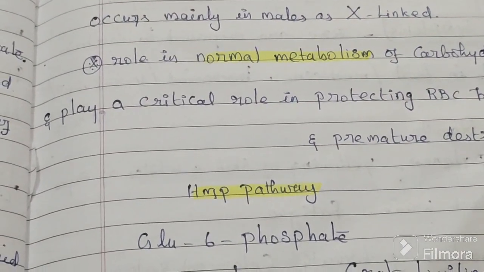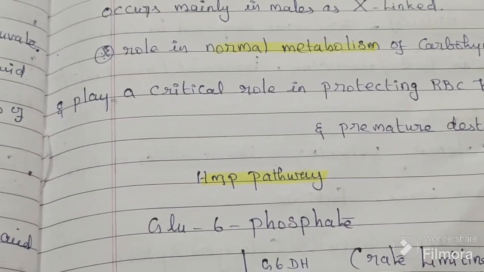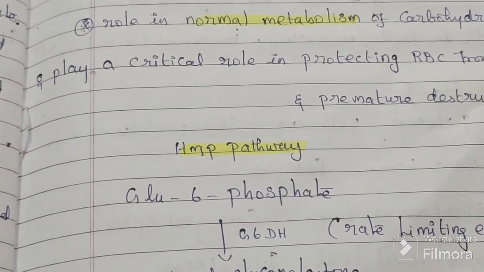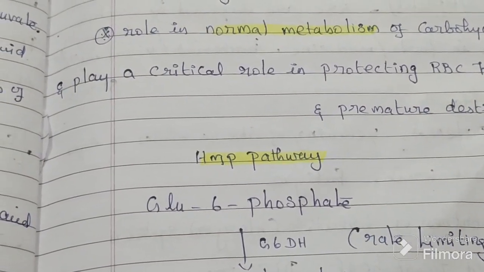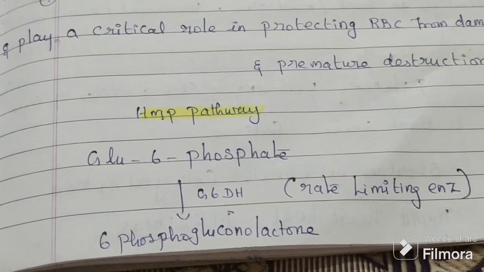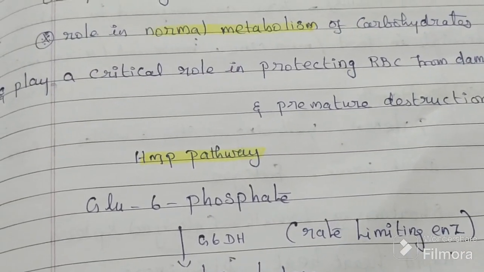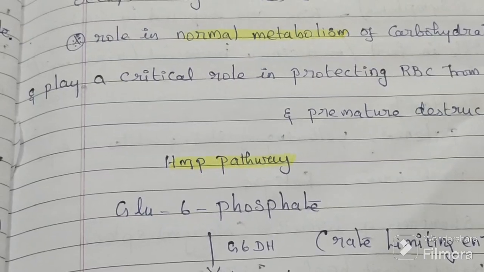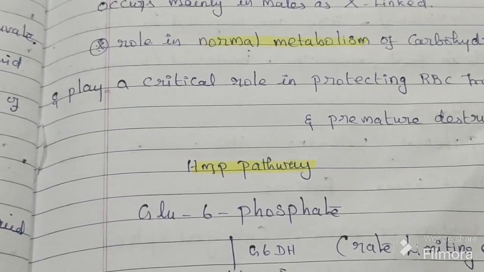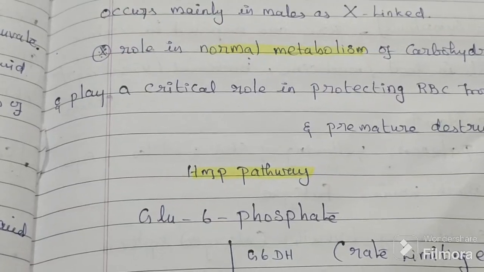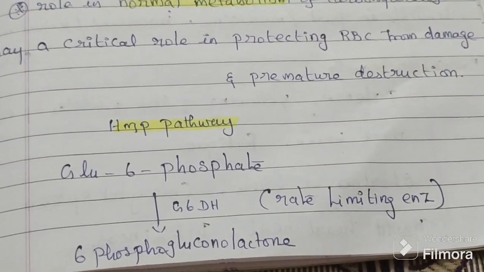Glucose 6-phosphate dehydrogenase is responsible for the first step, glucose 6-phosphate to 6-phosphogluconolactone in the HMP pathway, a series of chemical reactions that help in the conversion of glucose to ribose 5-phosphate. It is the rate limiting enzyme in this pathway.